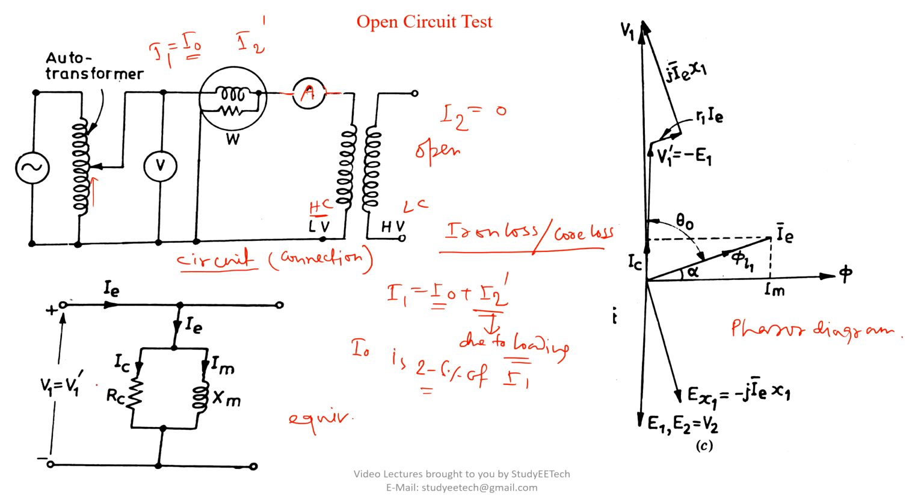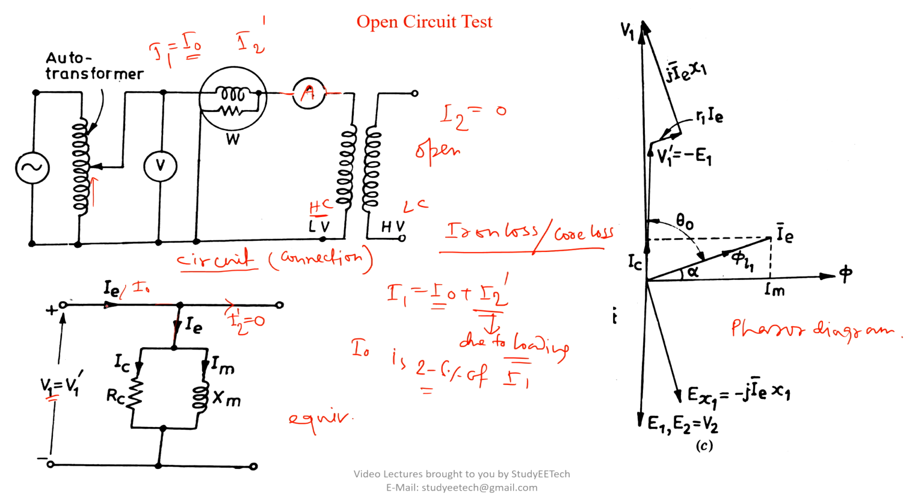If you remember this, look, this is the applied voltage. This applied voltage, IE, here they have used IE, IE or I0, same thing, is flowing through this one. It is for core loss and that is for the magnetizing component. And here the I2 would flow, but that is 0 due to the fact that we have kept this high voltage side open.